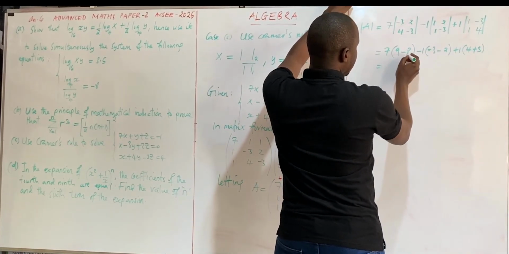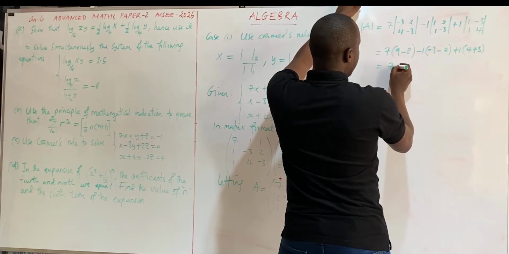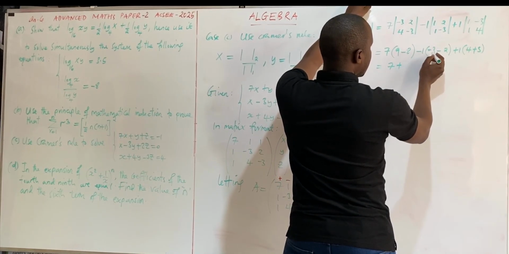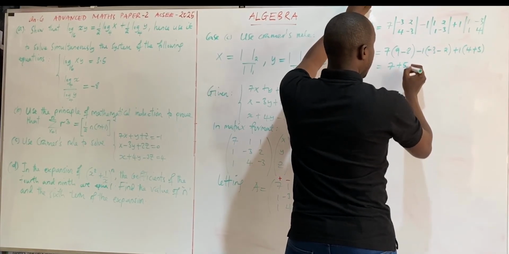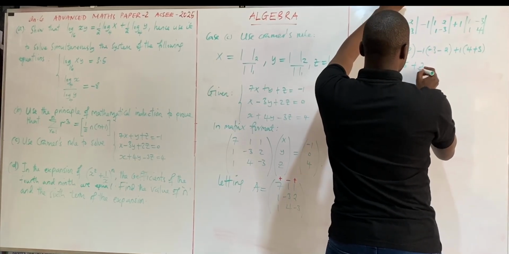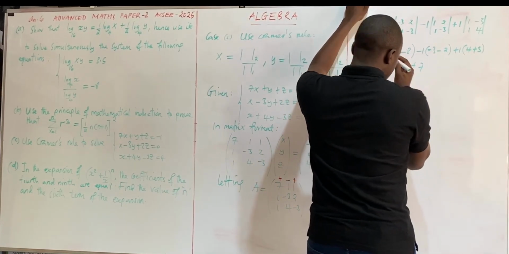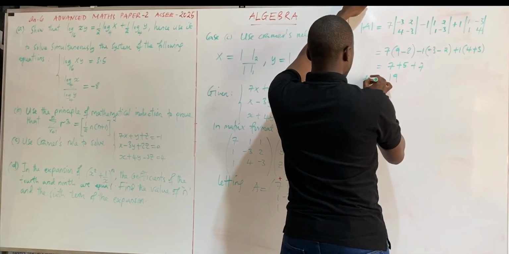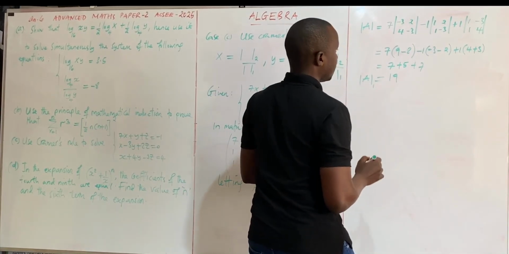So now here we have 1 times 7, then negative 5 times positive 5, and 7 times 1 is 7. So here becomes 14, plus this we get to 19. So that will be the original determinant.